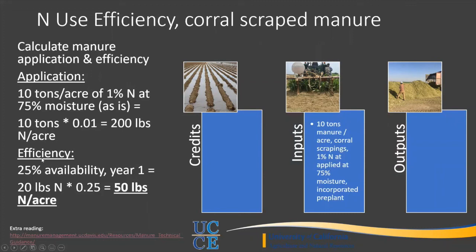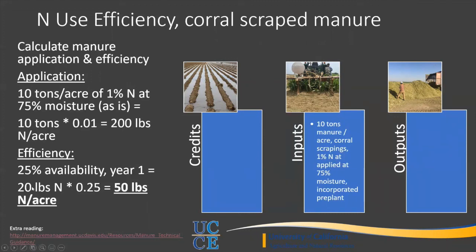However, not all of that nitrogen is going to become plant available in the crop season. Some research that has been done in the past in California by Stu Pettigrove and some colleagues has shown that for corral scrape manure, only about 25% of that organic nitrogen becomes available, or is mineralized, within the first year.